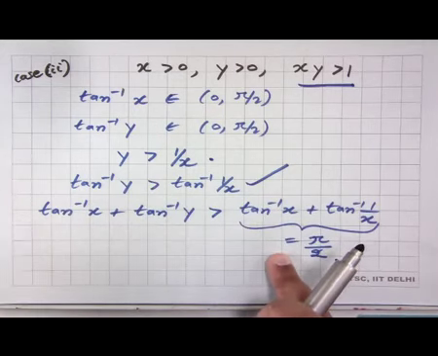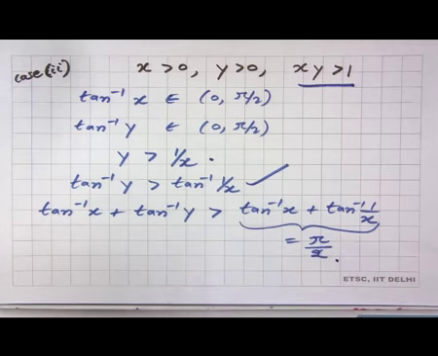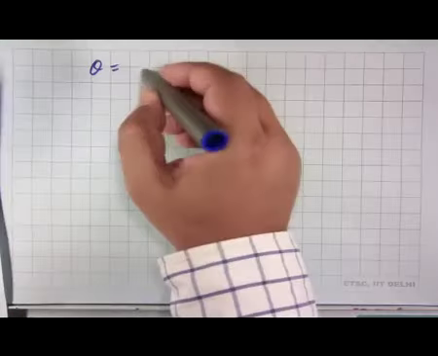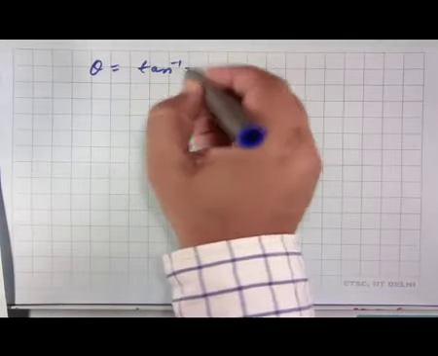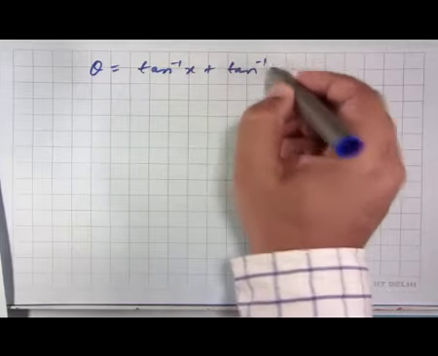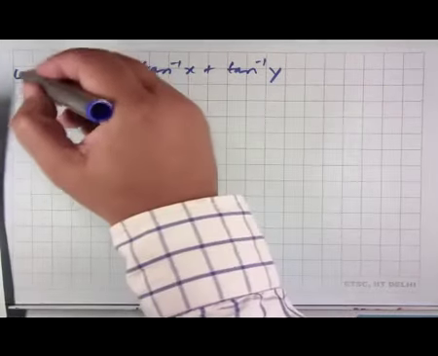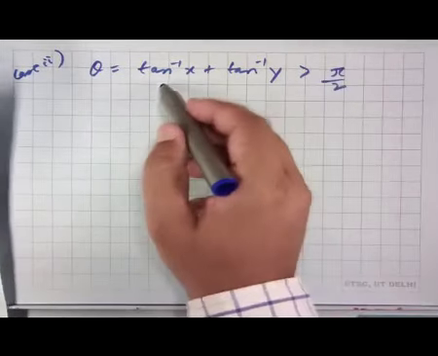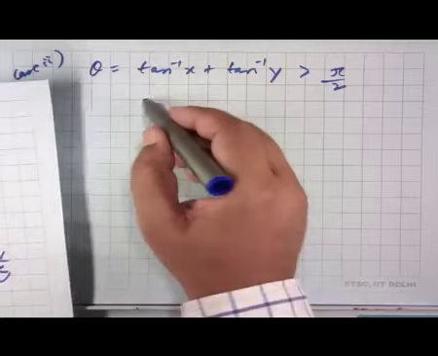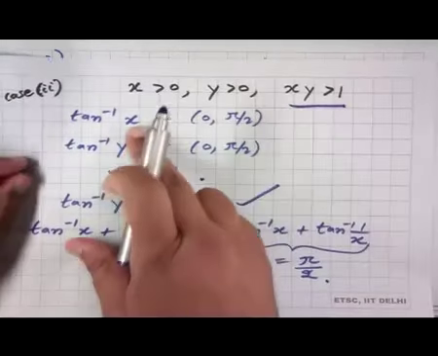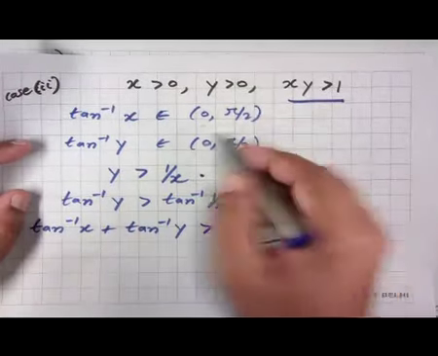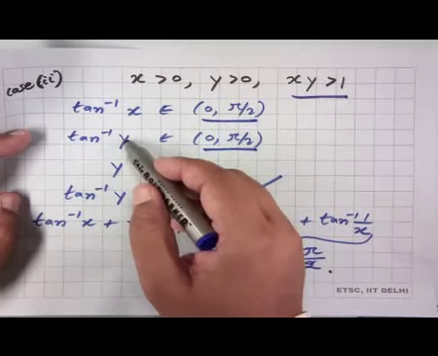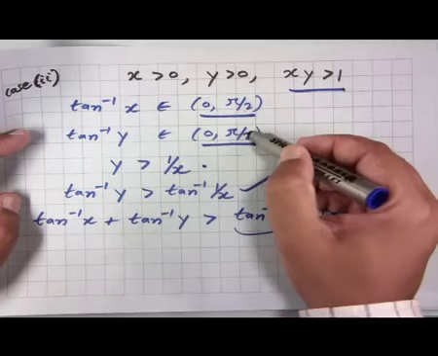So let us say theta is tan inverse x plus tan inverse y. This is for case number 2. What we have is that this is greater than pi by 2, but of course this theta has to be less than pi, because tan inverse x and tan inverse y both belong to 0 to pi by 2. So the largest positive value of tan inverse x plus tan inverse y can only be pi by 2 plus pi by 2, which is pi.